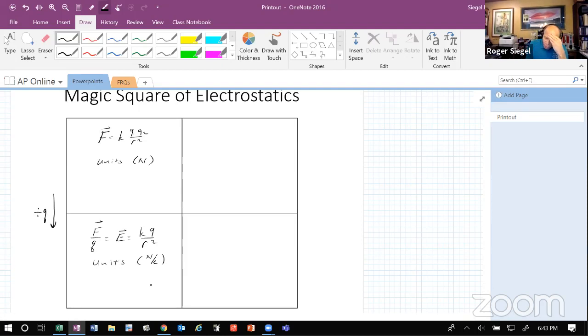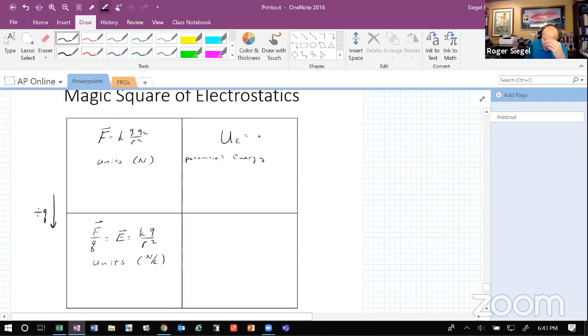All right, now over here, we're going to put U_E, which is, of course, potential energy. I'll go ahead and write that because that's new today. The potential energy is force times distance, because usually when we get energy or work, we do force times distance.